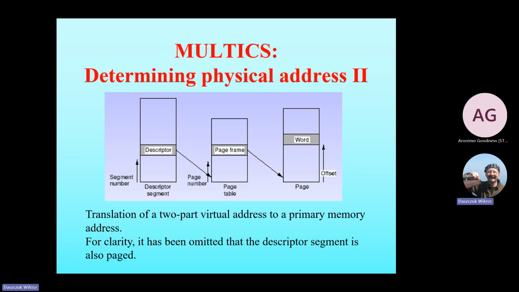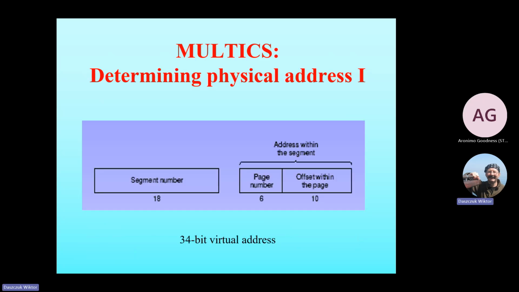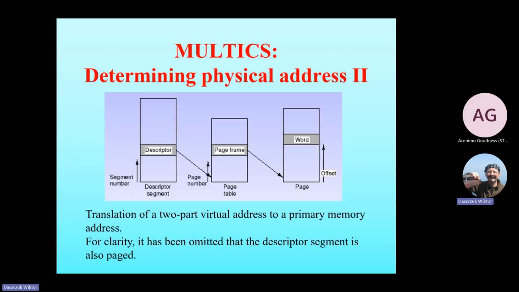We take the upper part of the address in segment, and it is the index in page index table, which contains the number of frame, which is converted to the address by concatenating with the offset, which specifies the word inside a page.